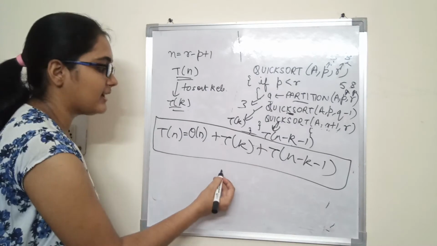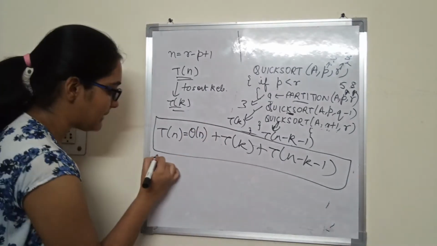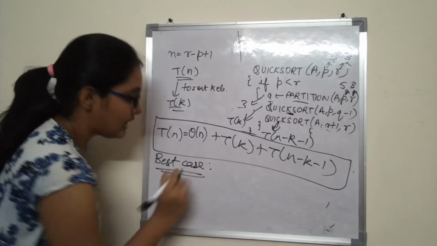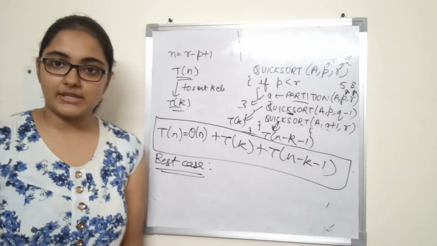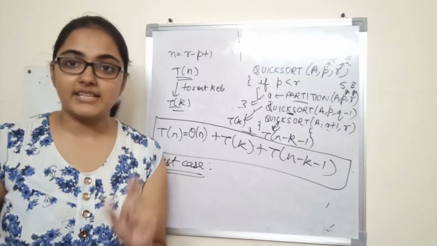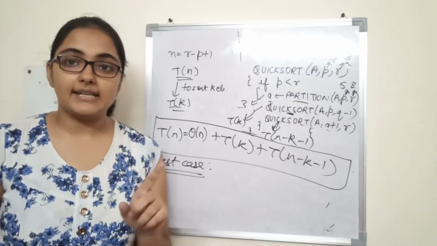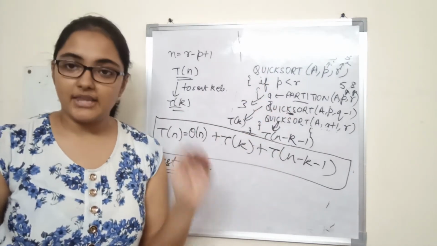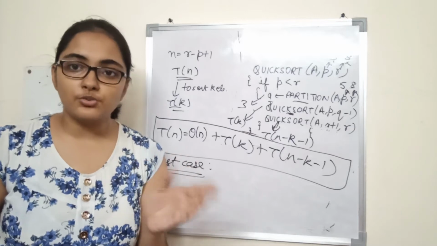Let us first talk about the best case. The best case occurs when it produces two subproblems of equal size n by 2, that is, the partition function divides the array into almost two equal halves.